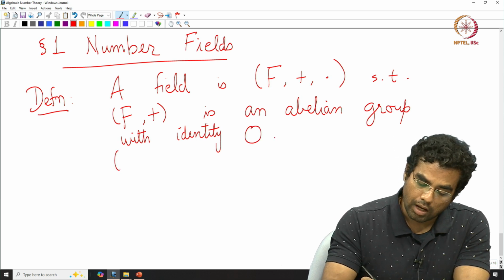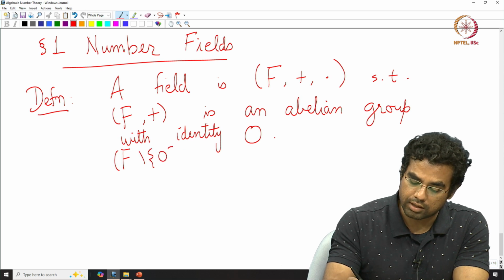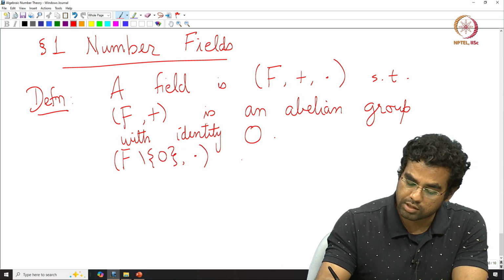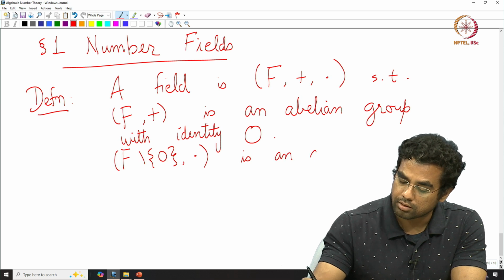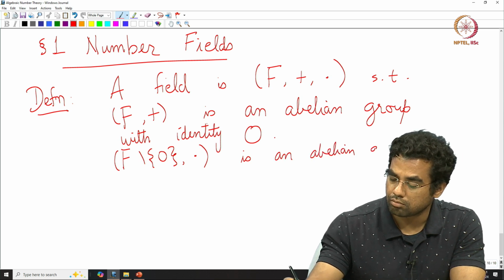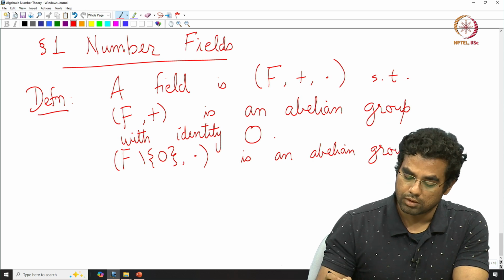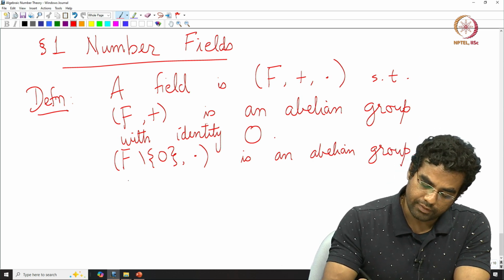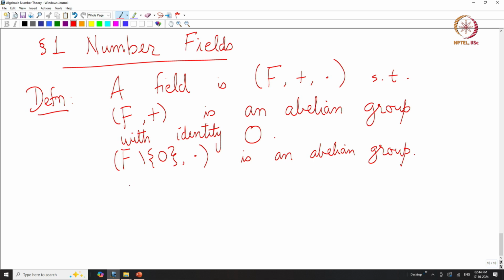And F minus the additive identity with multiplication is an abelian group again, plus it satisfies distributivity. So, multiplication distributes over addition. So, if I take (a plus b) times c, this is the same as c times (a plus b), which is the same as a times c plus b times c, or c times a plus c times b.